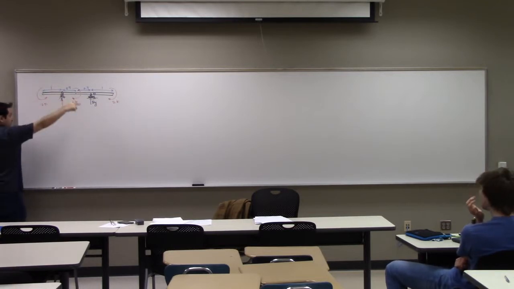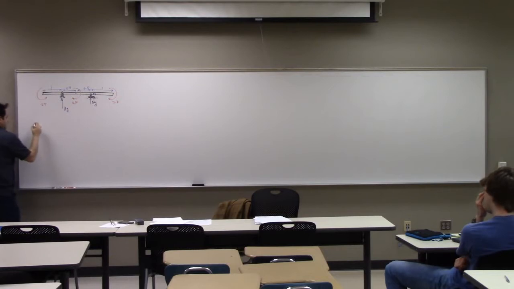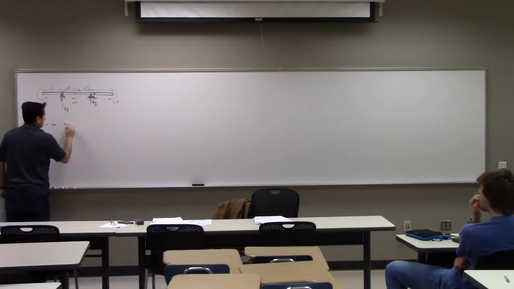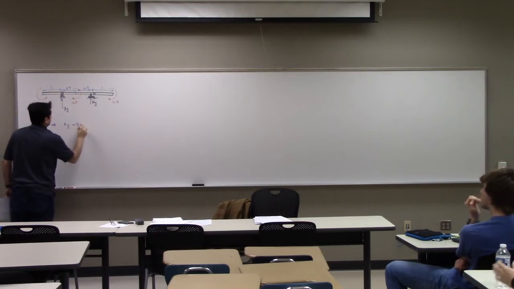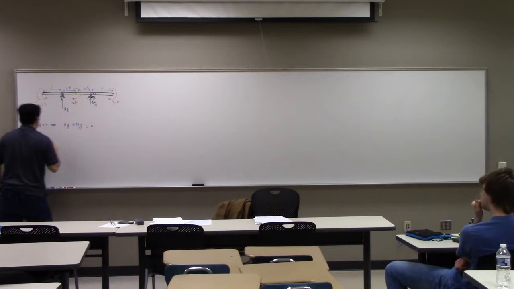So for this entire system, I write equations. Summation of force in y is 0, and you get AY plus BY is equal to 0. Summation of moment about any point is 0. What point should I take?